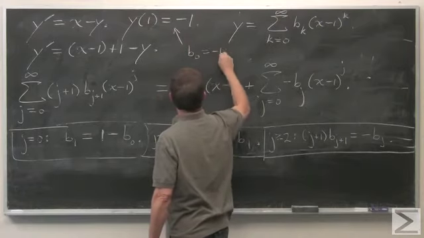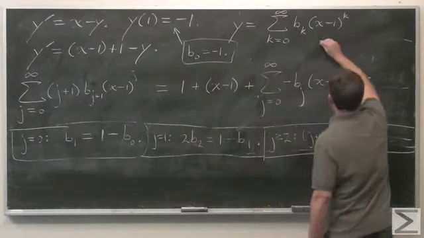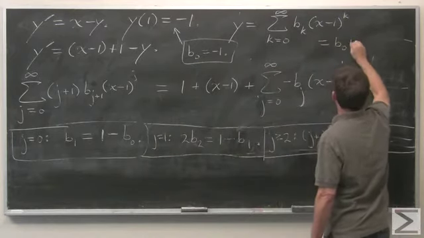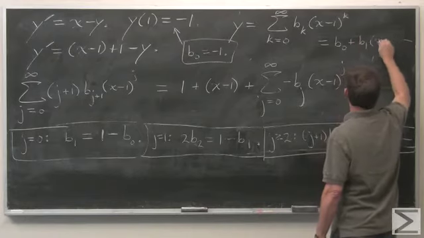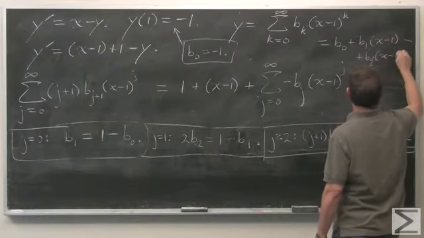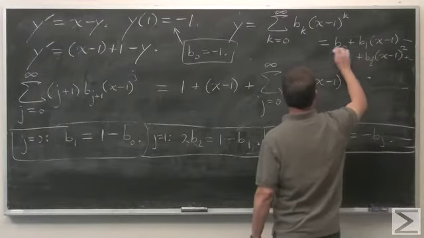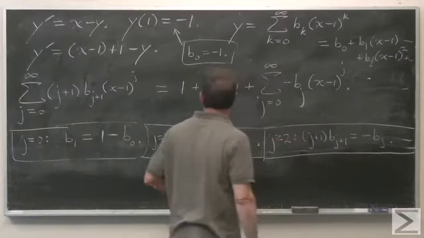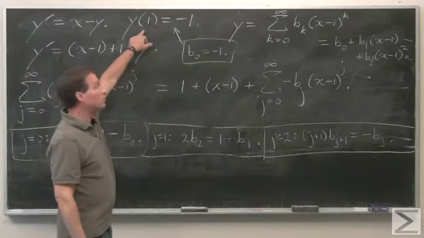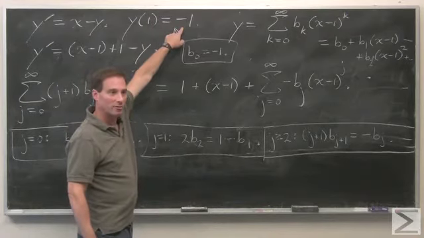Because this series goes b naught plus b1 times x minus 1 plus b2 times x minus 1 squared. When you plug in x is 1, all those are 0, and so b naught is minus 1. If you've centered at your initial x value, then b naught is always the corresponding y value.